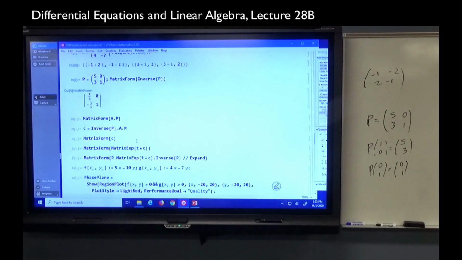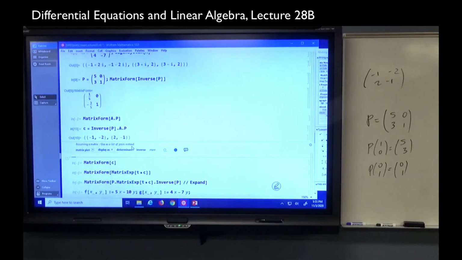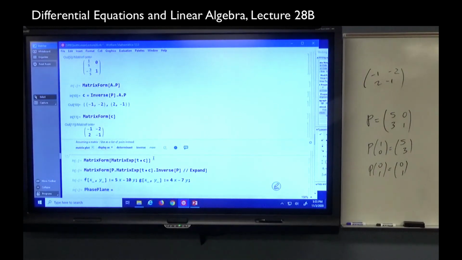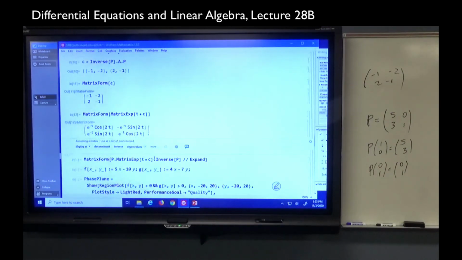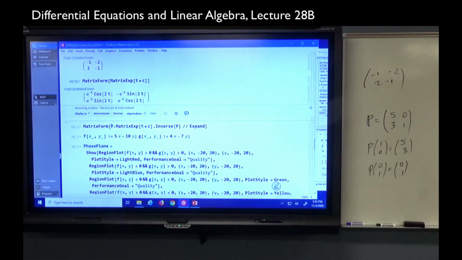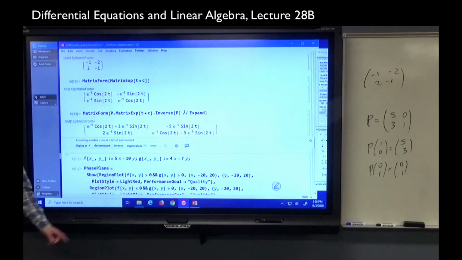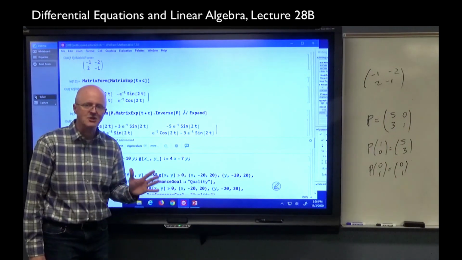C is going to be P inverse times A times P, and it does equal that other matrix. We can compute the matrix exponential of that. We can then compute e to the TA by doing P times e to the tC in this case, and that makes me realize I had a typo in my PowerPoint. In the PowerPoint I had e to the tD. I should have made it a C.